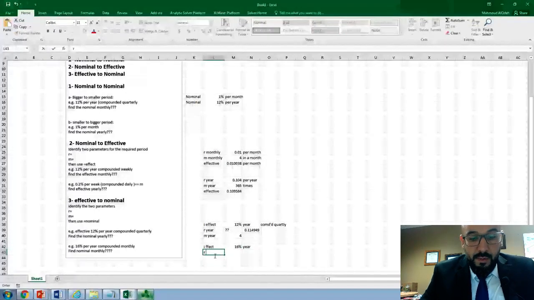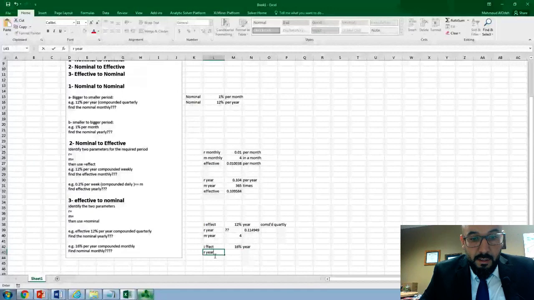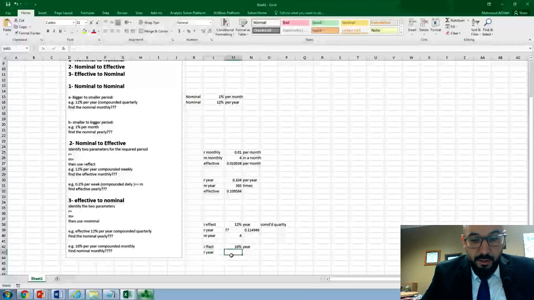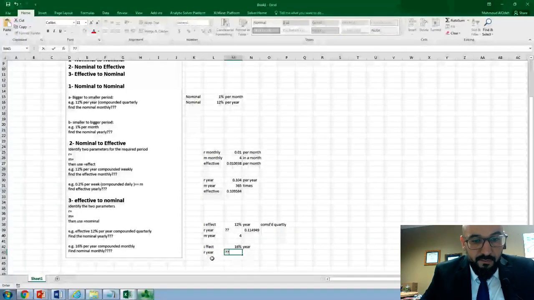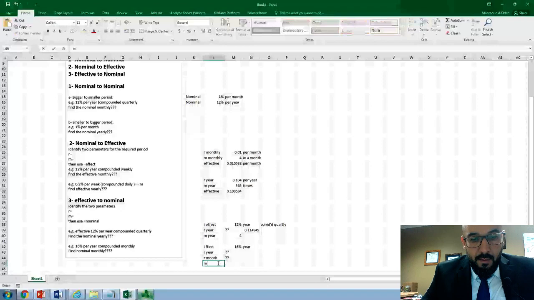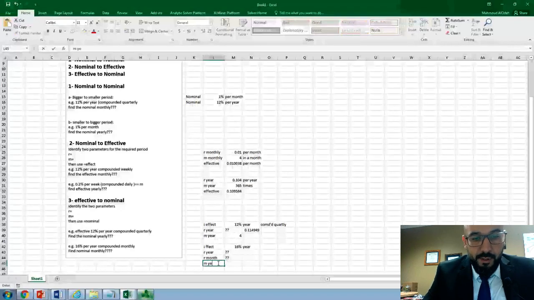R per year, we don't know what it is, however we're not looking for this, we're looking for the R per month. This is what we're trying to find. And now M per year.